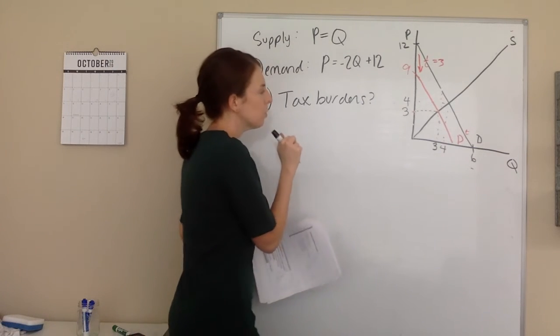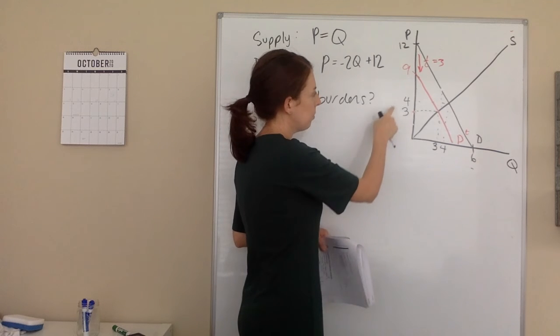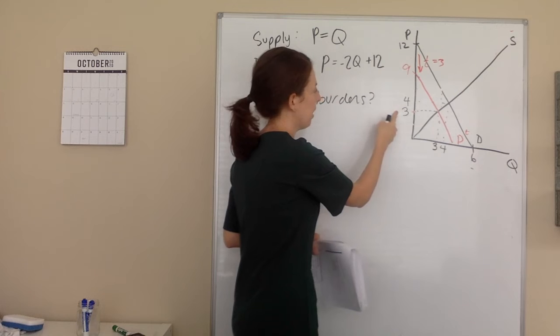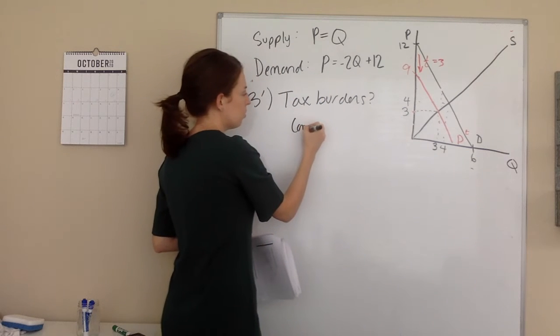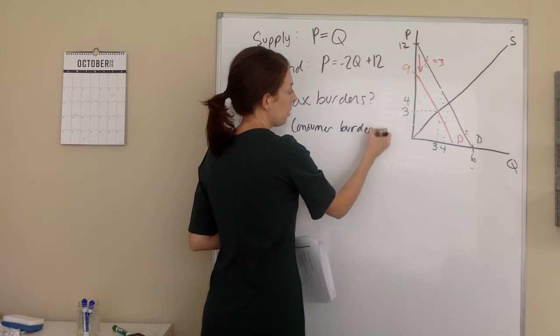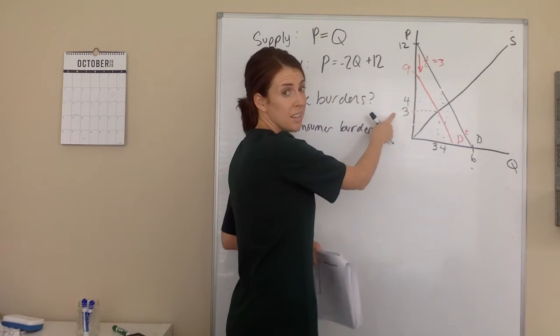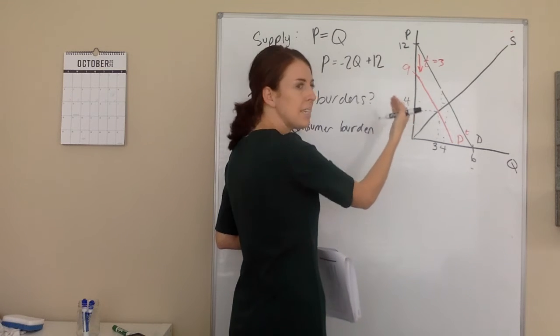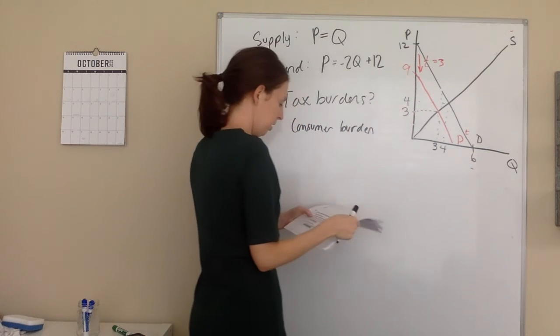So consumers, you're out at the store. Before the tax, you used to pay $4 per item. Now you're going to have to pay $3 per item. So the consumer burden, first of all, has to incorporate the fact that they're actually paying less at the register. The pre-tax amount is actually less than it was before.